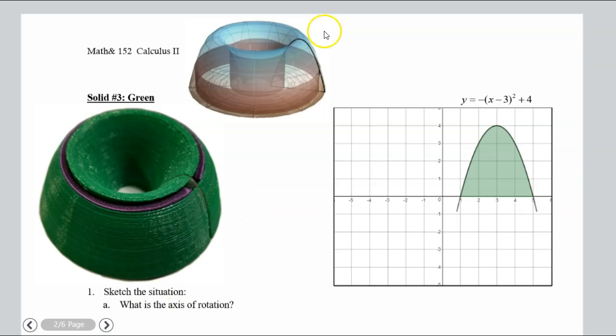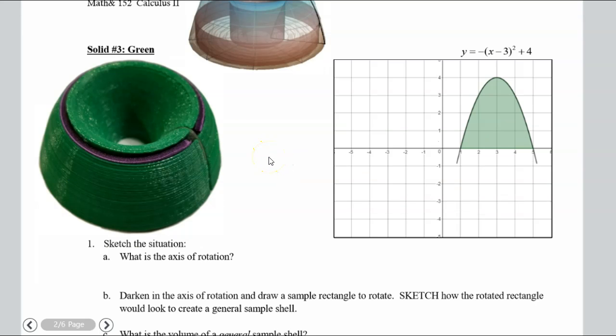All right. So here's one example that we'll try to get through by the end of this video, and then we'll probably do the rest in another one. This is what you would see, that green object that you have in your kit. This is the computerized version of that, something you might see in a textbook.